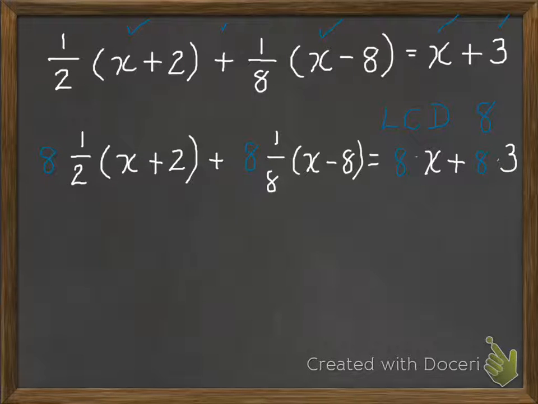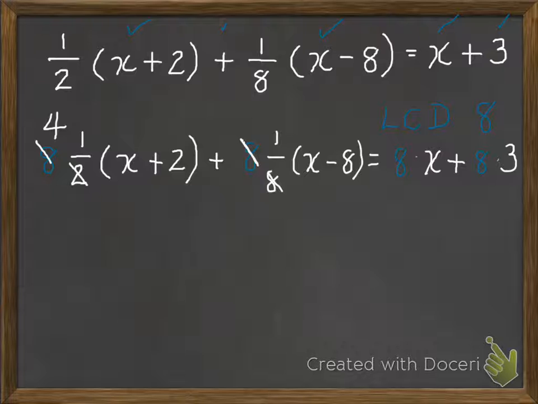Then I clear the fractions, and you can use cancellation. 2 goes into itself once and into 8 4 times. 8 goes into itself once, 8 goes into itself once, so those just cancel. 8 over 8 is 1. 1 times 1 is 1.